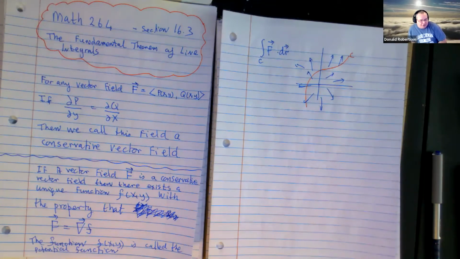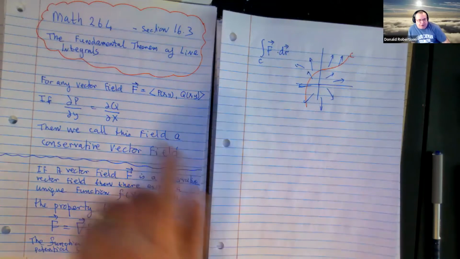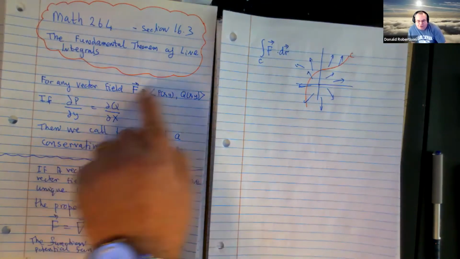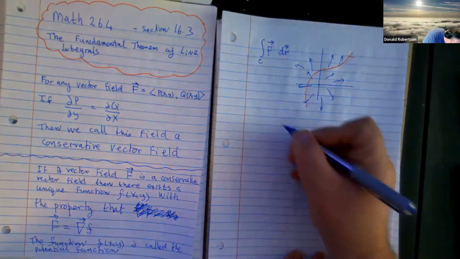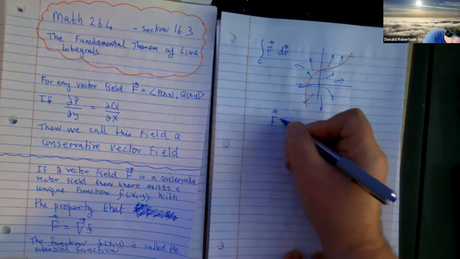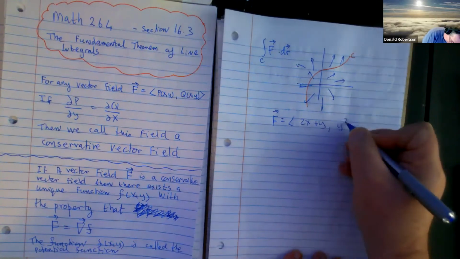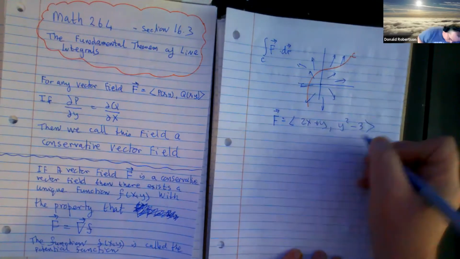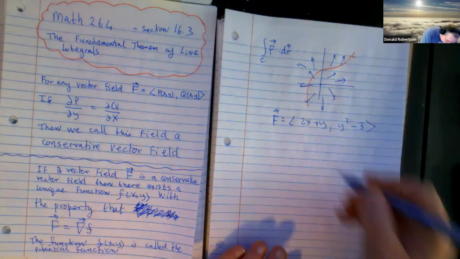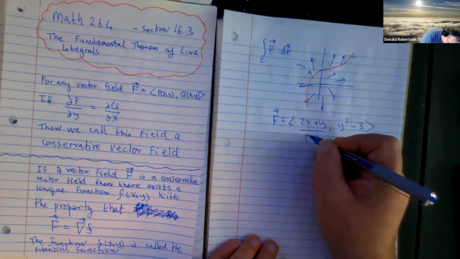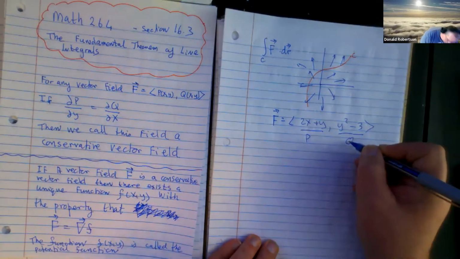So what is a conservative field? You take your function F, and this thing here tended to look something like this: 2x plus y, y squared minus 3, that's the look to it. Call this guy P and call this guy Q, right?